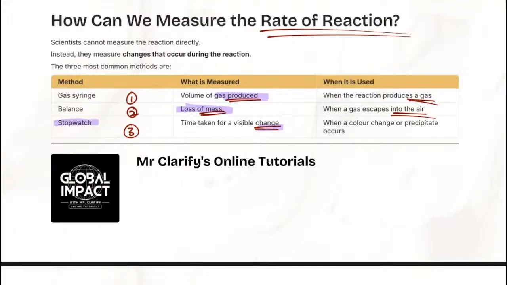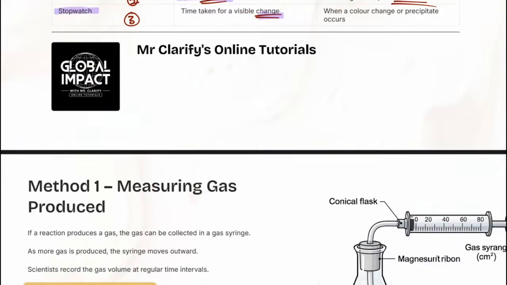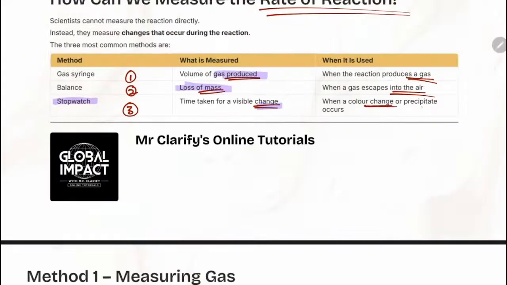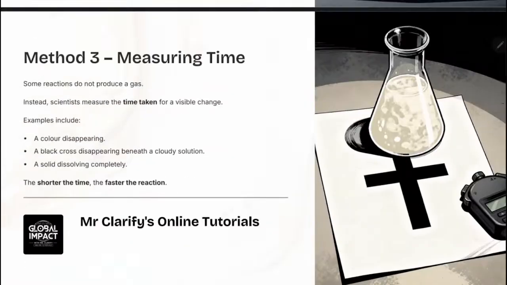Then you can use the stopwatch method if you can check the time that it takes for the visible change to happen. Stopwatch, you use it when a color change or a precipitate is being formed. If your reaction is going to form a new color, like this reaction, a very popular reaction.